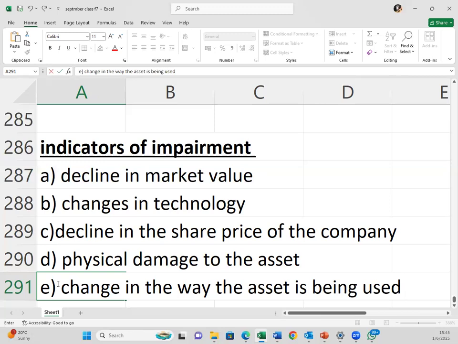So the change in use might have an impact on the value of the asset. It might have an impact on the carrying amount. So if there is a change in the use of the asset, we need to carry out the impairment review.